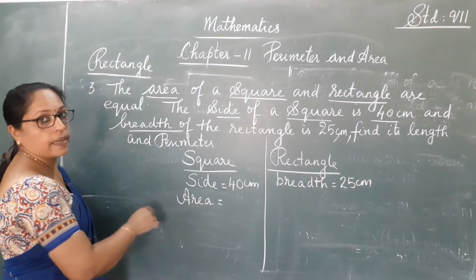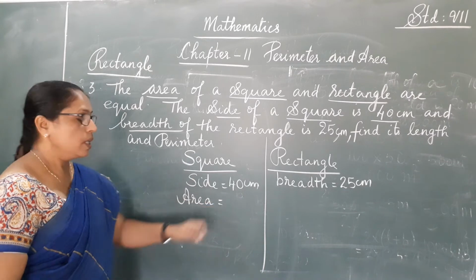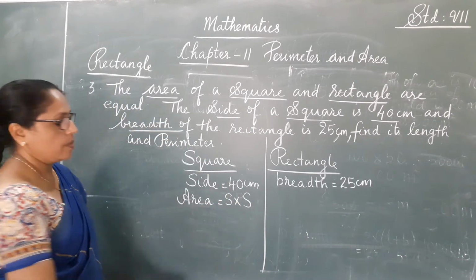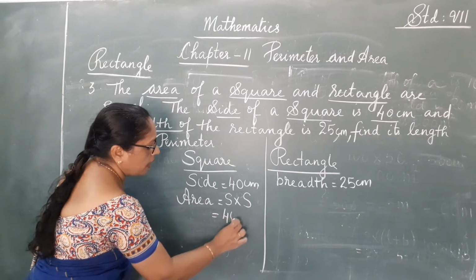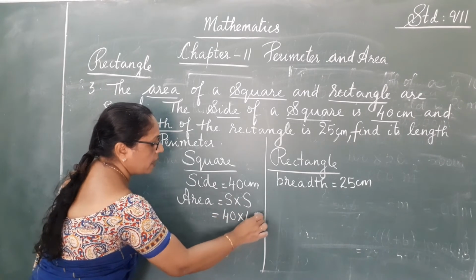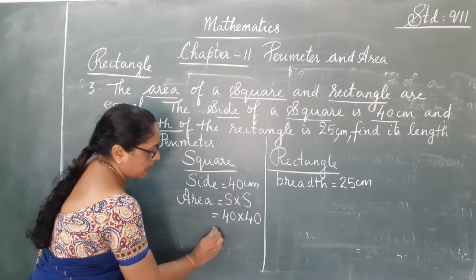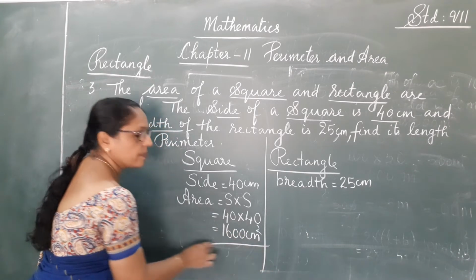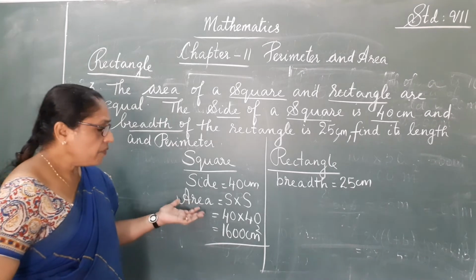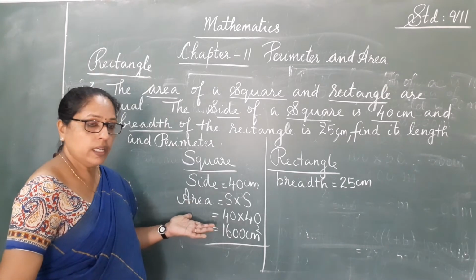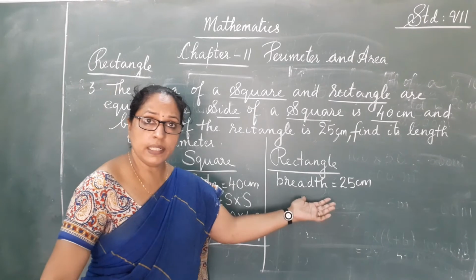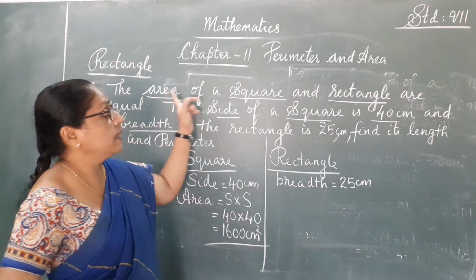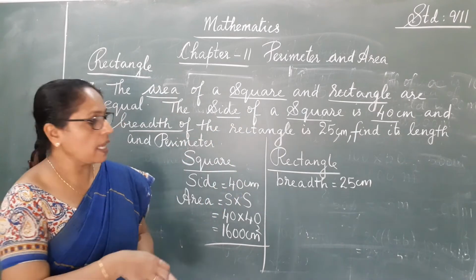Okay, so side is 40, so area is side into side. So 40 into 40, 4 fours are 16, so 1600 centimeters square. When we find the area of the square, can it be taken for the rectangle as the same area? Yes, because it said that they both have the same area.